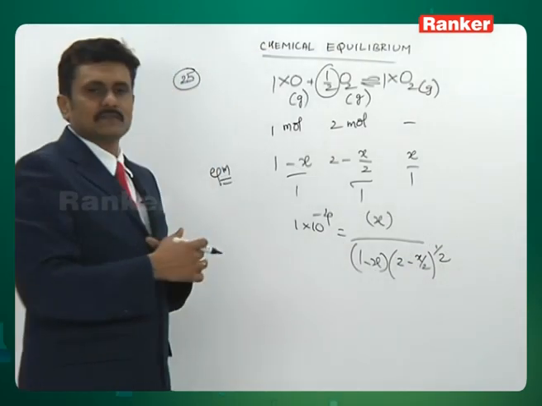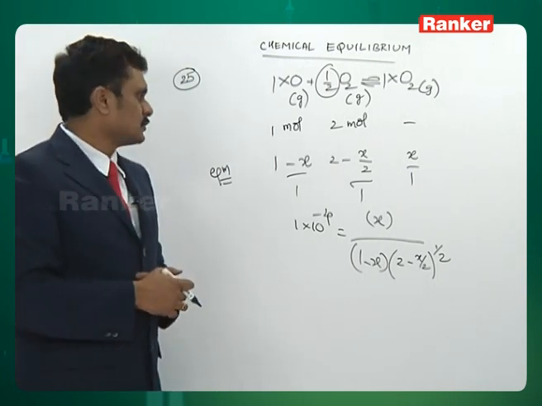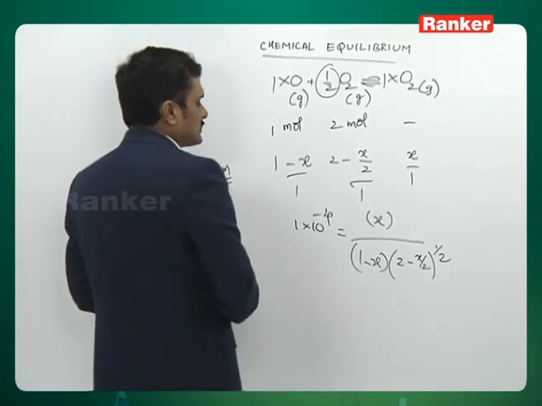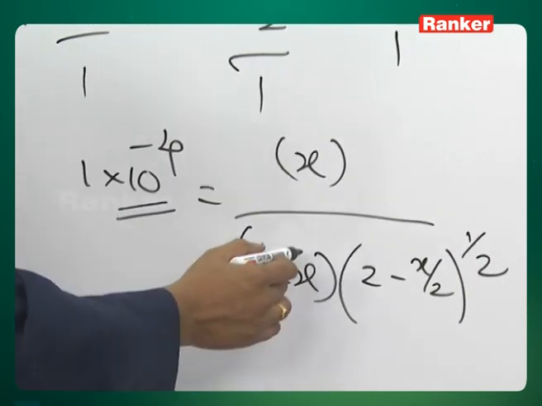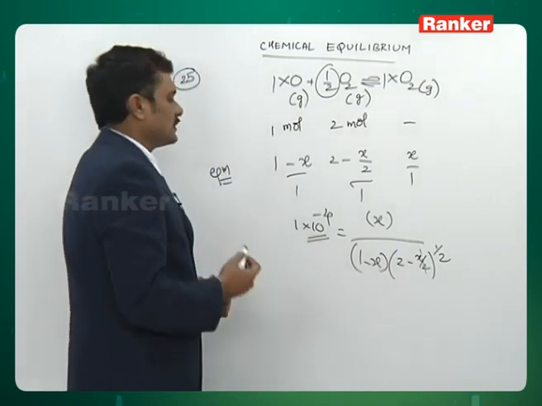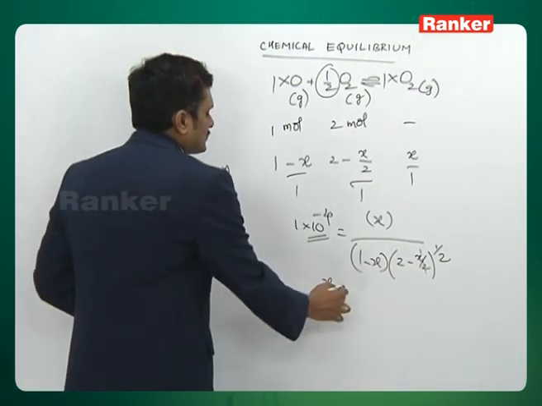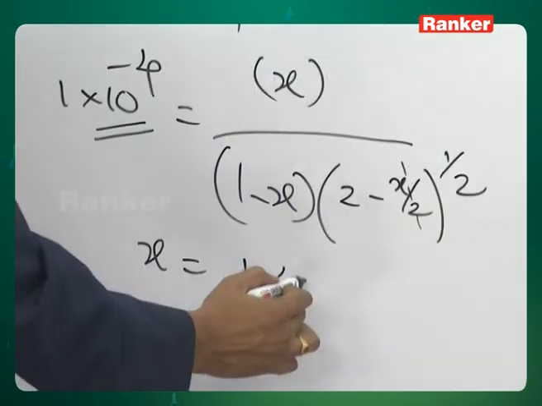Now, simplification of this will fetch you the concentration of XO2 at equilibrium, because in such cases you can see that the value of the equilibrium constant was found to be very low. So you can neglect the values like x as well as x by 2 when compared to 2, and after simplification the value of x will be obtained to be 1.4 into 10 to the power minus 2 mole per liter.